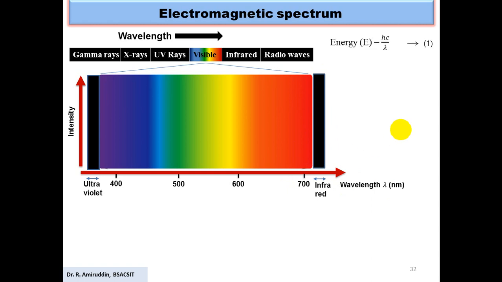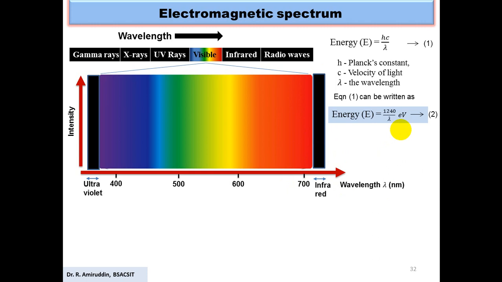We have the formula energy is equal to hc by lambda, wherein h is Planck's constant, c is the velocity of light, and lambda is the wavelength of the radiation. Equation 1 can also be written as energy is equal to 1240 divided by lambda, where 1240 is the constant value obtained from the product of Planck's constant and the velocity of light.